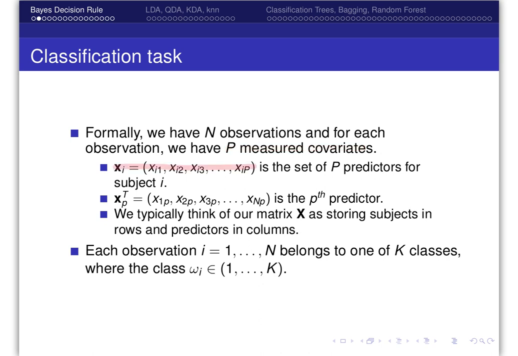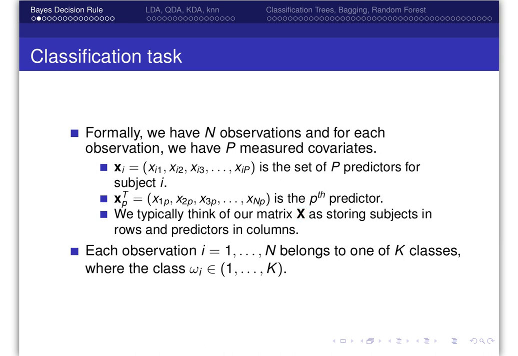Our vector x sub i includes p features measured on observation i. X sub p is the pth predictor that stores measurement values for all n subjects in our data set. We typically let our data matrix, capital X, store subjects in rows and predictors in columns, which is how the phenodata object in an expression set is stored.